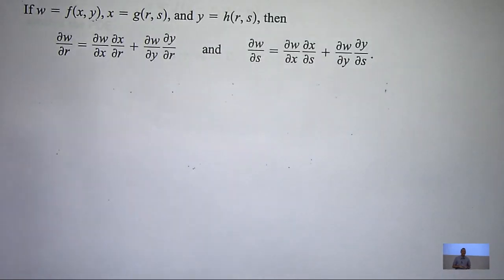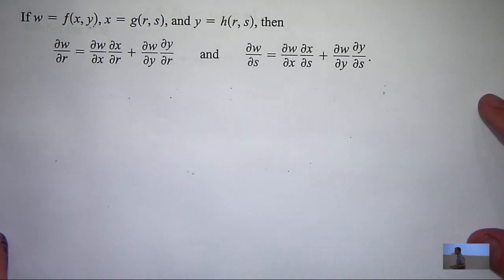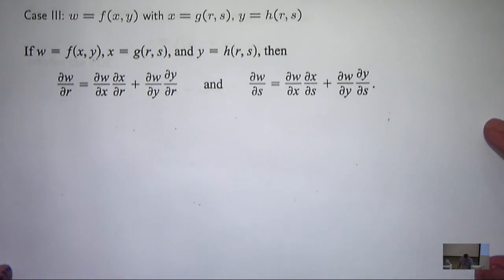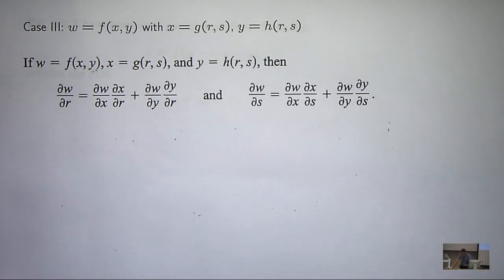Now, like I said before, the chain rule can get kind of messy, kind of complicated. In this example, you've got W depending on X and Y, and both of those variables depend on two other variables. But you can easily get the chain rule for this just by drawing a picture again.